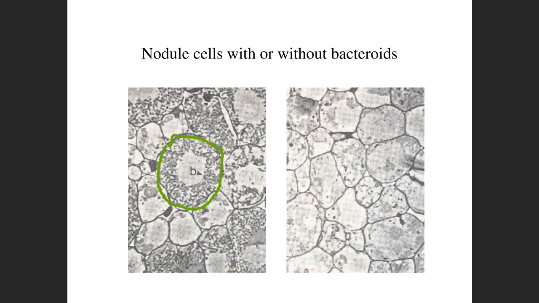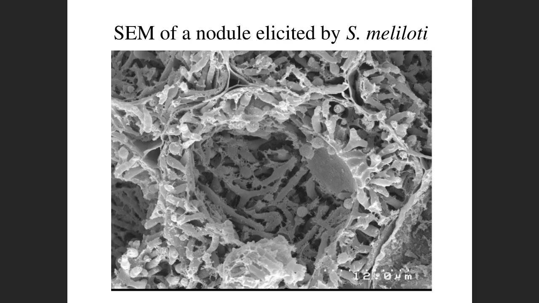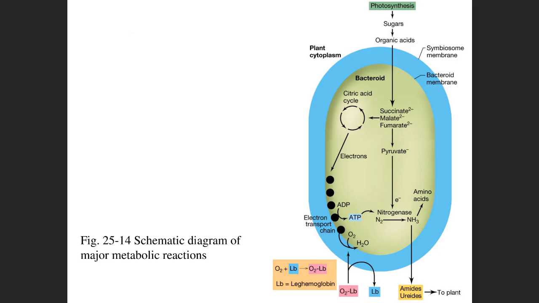This nodule has no bacteria, so it does not fix nitrogen, and this one does. If you go in here, you can actually see it. This is a picture that our lab made many years ago using an SEM that we have in the department. So what's actually happening is this.